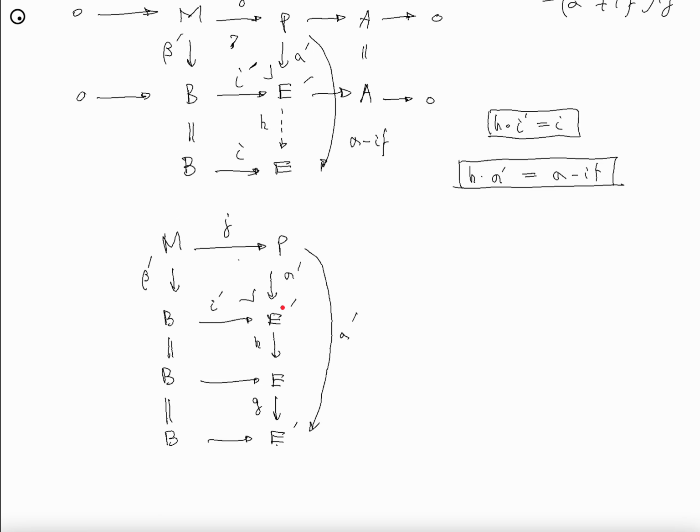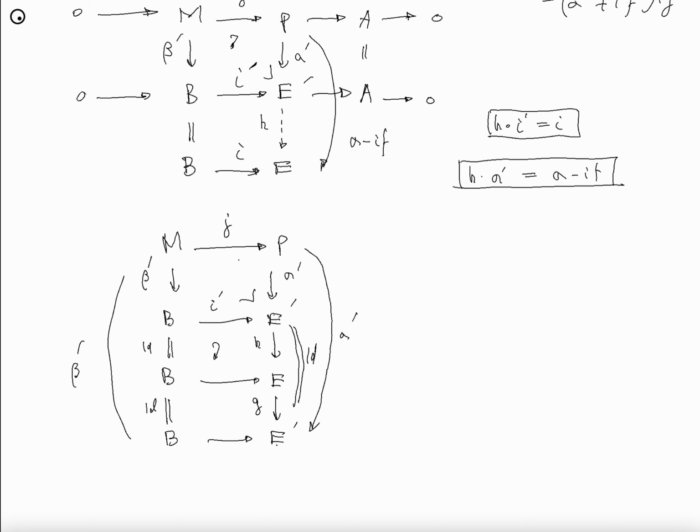In particular, from E prime to E prime. If I could prove the composition is again sigma prime, then it satisfies the commutative diagram, and so by the universal property there is a unique map from E prime to E prime. But this unique map must be the identity, because the identity makes it work.